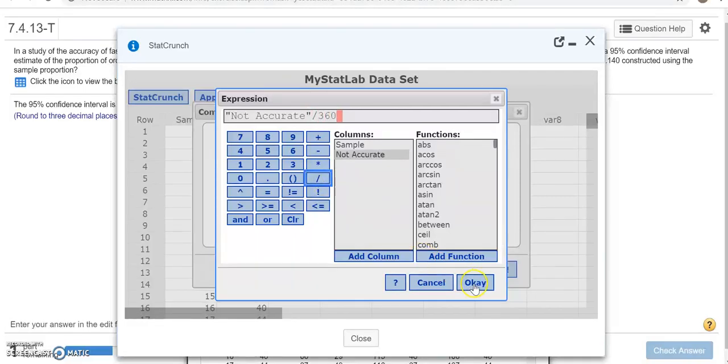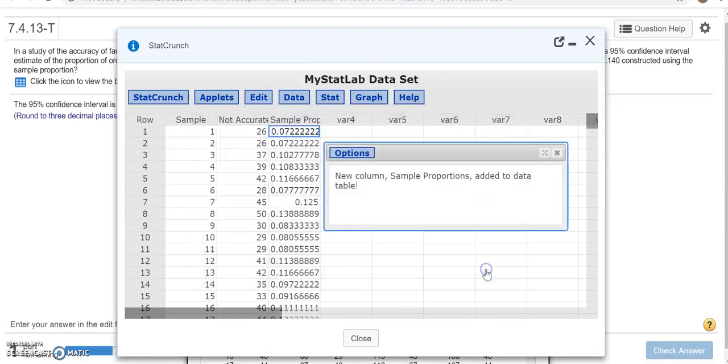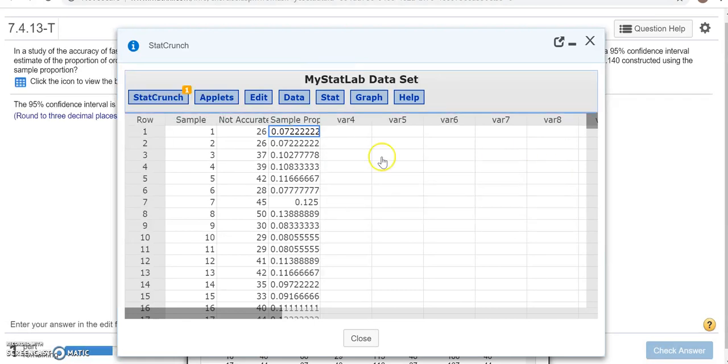I'm going to say OK, and label this column Sample Proportions. You don't have to label it if you don't want to. I'll click Compute. StatCrunch has given me the sample proportion of inaccurate orders for every single one of these samples.